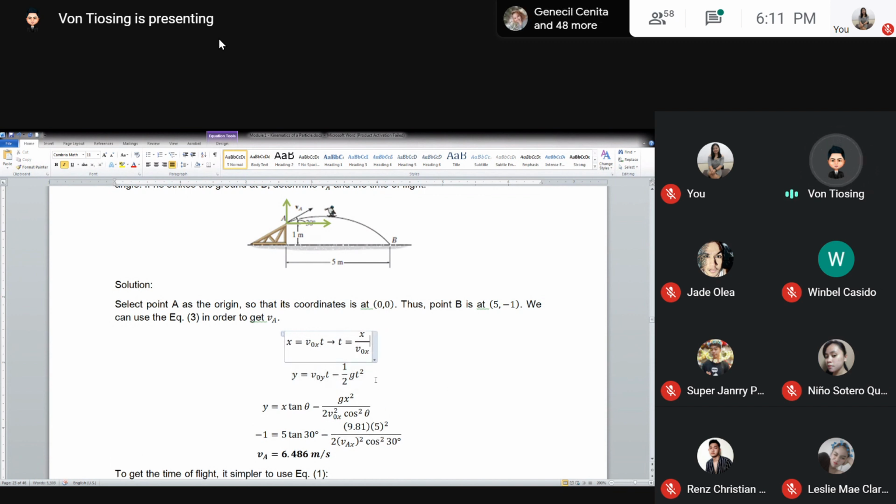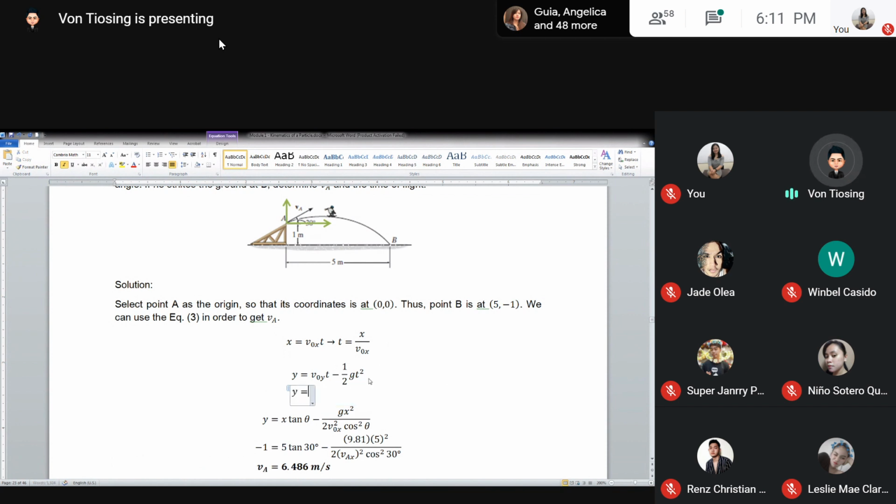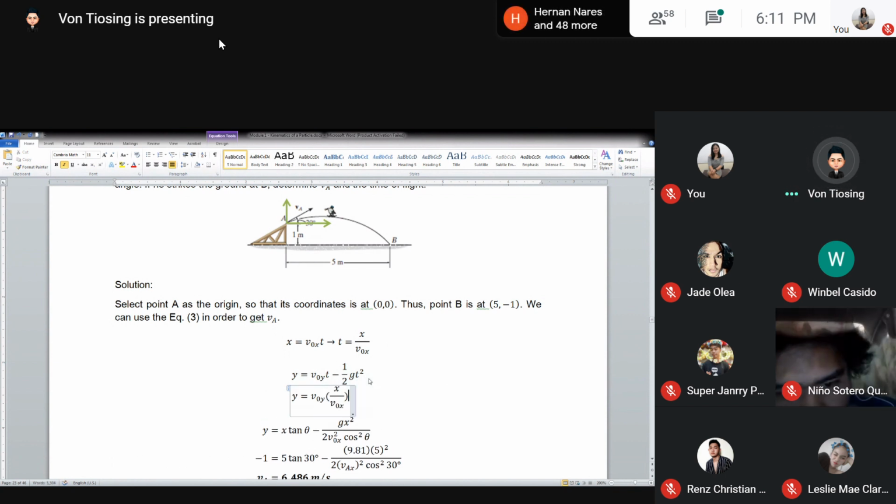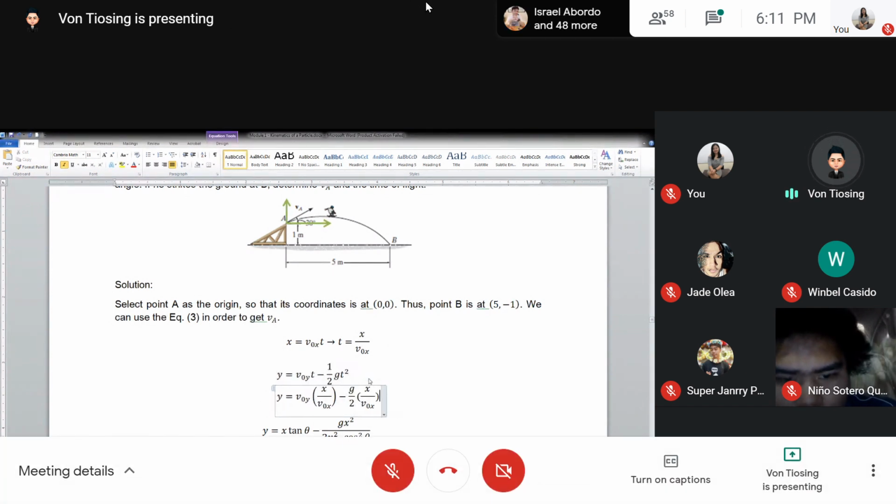So I will substitute it here sa pangalawang equation na to. So, ayan. Okay, so y is equal to what? V naught y times t, no? Which is this one, minus 1/2 g. So I'll put it as g over 2 times t squared.